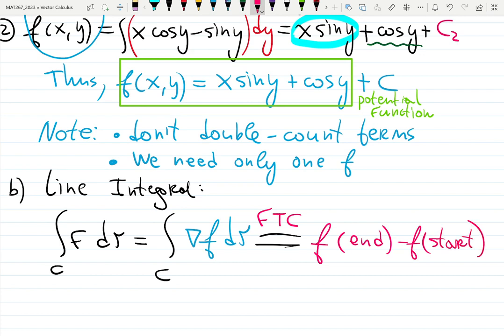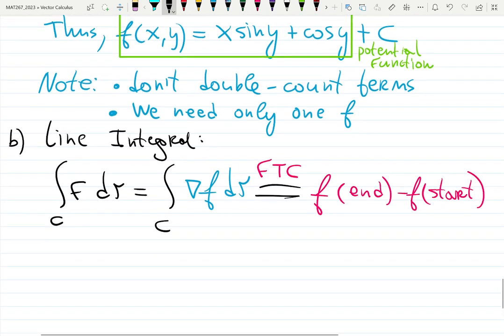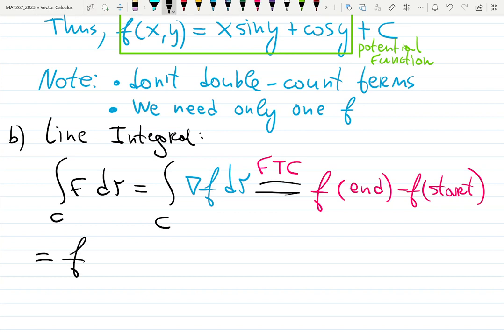Just like f of b minus f of a. In this specific case, we take my small f and plug in the end point and the beginning point.